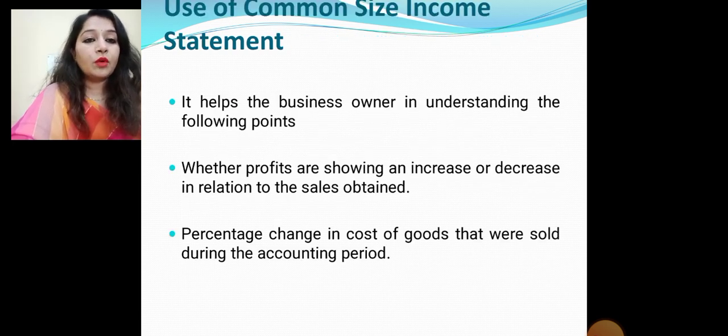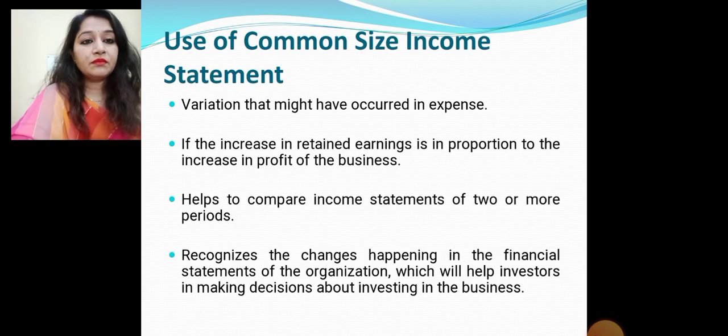Next, what is the use of common size income statement? This helps the business owner in undertaking the following points: whether the profit is showing an increase or decrease in relation to sales obtained, percentage change in cost of goods that were sold during the accounting period, variation that might have occurred in expenses, and whether the increase in retained earning is in proportion to increase in profit of the business.